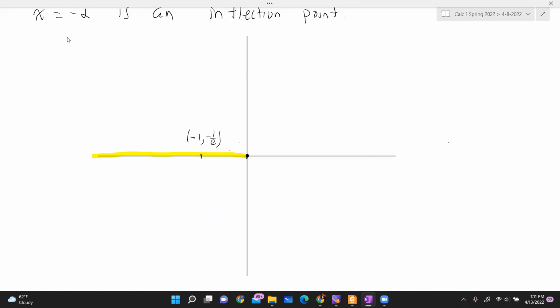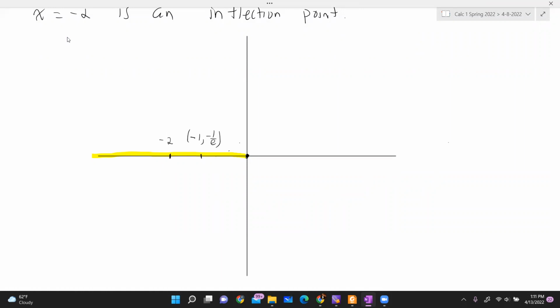And this number right here is negative 1 over e, approximately negative 0.37. So this is the minimum, and then this is the change in inflection.